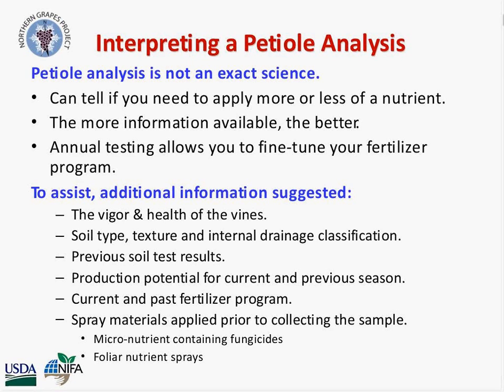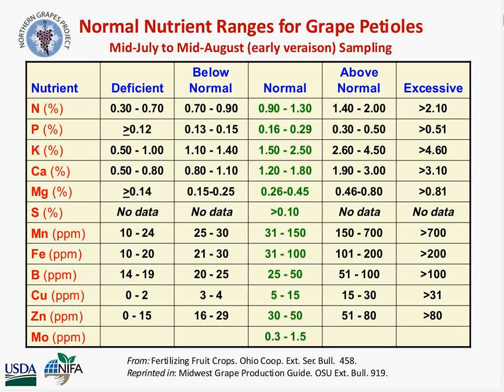This is from that Ohio publication on fertilizing fruit crops. I like this table that breaks down results from deficient to below normal, normal, above normal, and excessive. If you get your results back and you're in the normal range, this says to continue as you've been practicing.